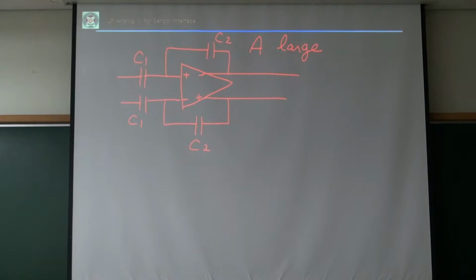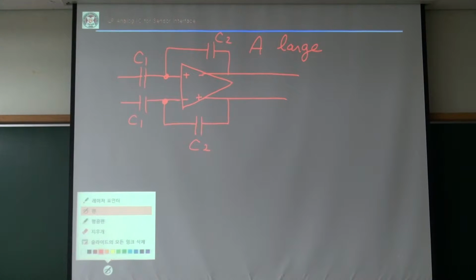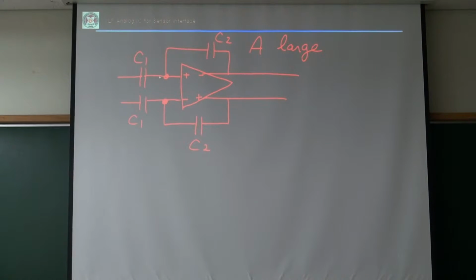However, I need a DC bias because for C1, C2 there is no DC bias, right? I need a DC bias for this circuit. For DC biasing, I need a resistor. This can be a pretty large resistor here. In a switched capacitor circuit, this 10 mega ohm resistor can be replaced by switches.